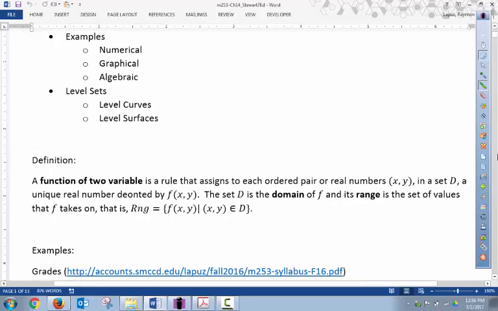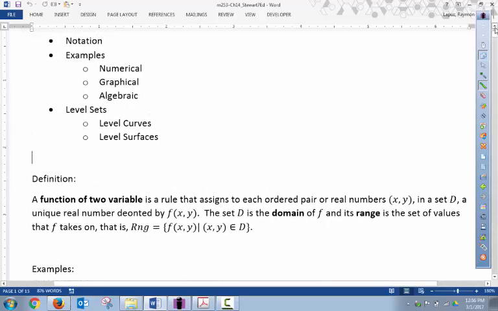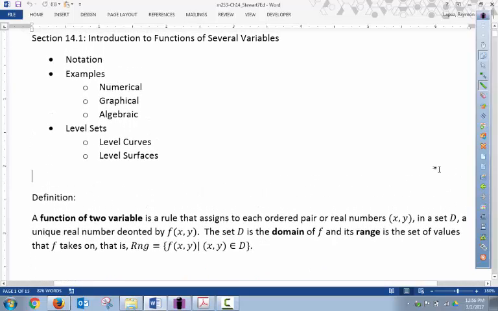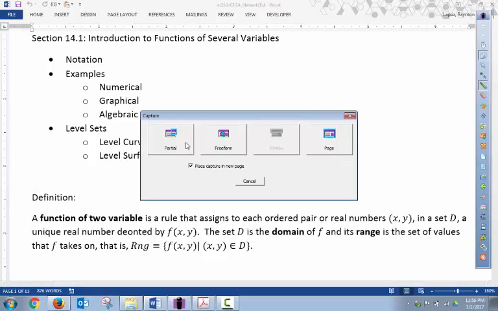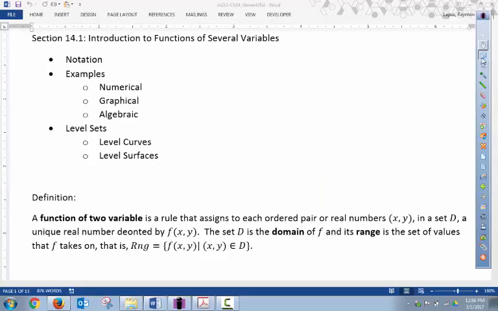And I think it would be good to establish some notation early on, so that when I start writing these weird things up on the board, you'll know what it is I'm talking about. So we'll go with the definition of a function of two variables for starters.